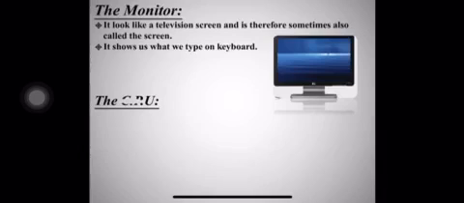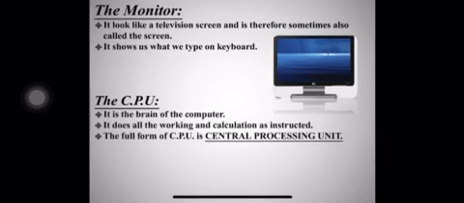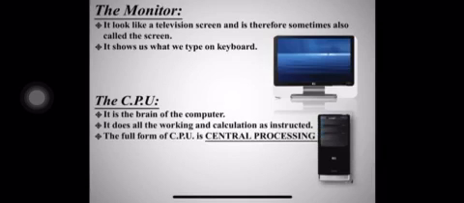The second is the CPU. It is the brain or the heart of the computer. It does all the working and calculation as instructed. The full form of CPU is the Central Processing Unit.